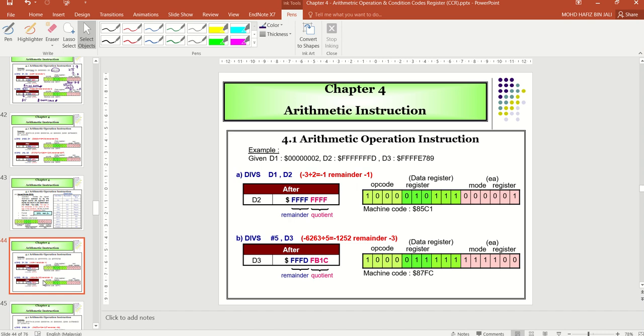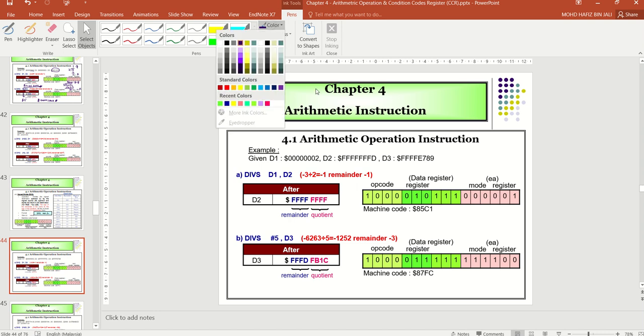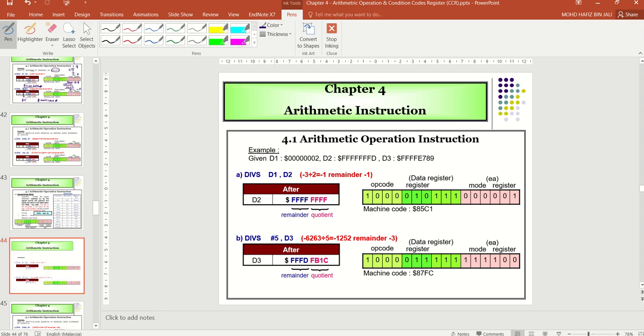Okay, let's see the example. D2 divided by D1. For D2 you need to take all the value because it needs to be in long word size. So D2 is FFFFFFFD, 1 2 3 4 5 6 7 8. Divided by D1.